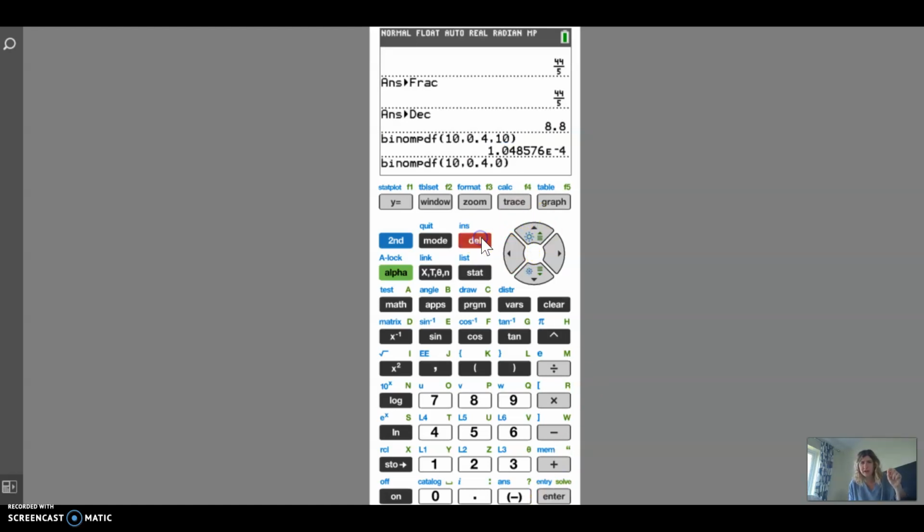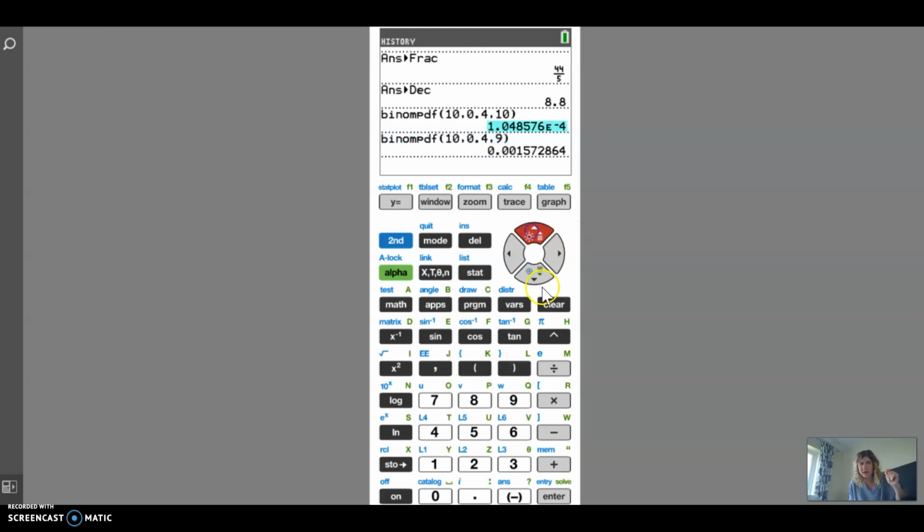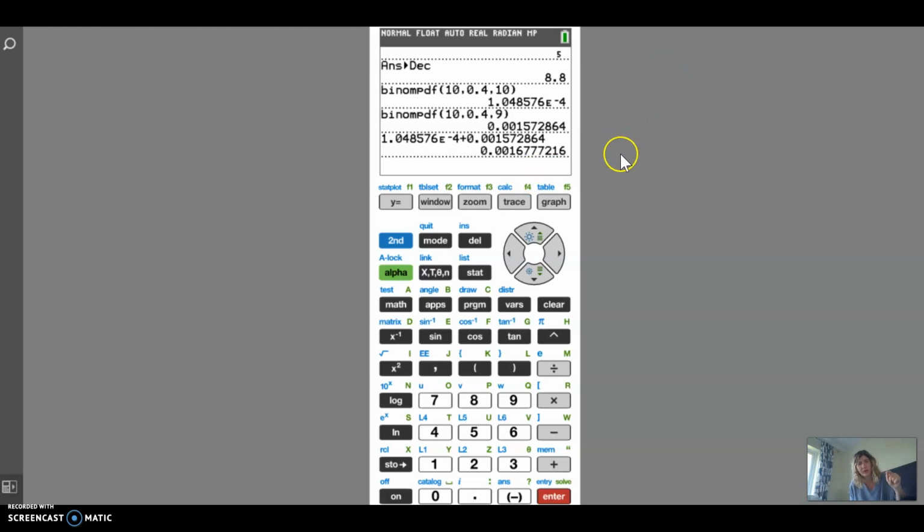If I change this now to 9, with 10 trials and 0.4, my probability is 0.0157. If I add these together, my probability of 10 plus my probability of 9, I get 0.0167. That's still less than 0.05, so it's still within my critical region.